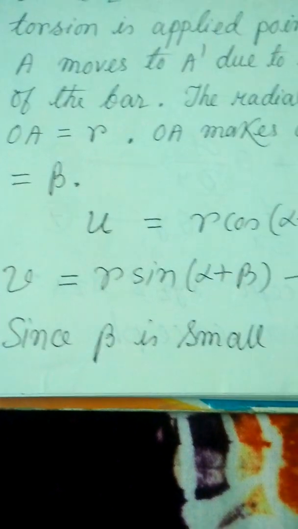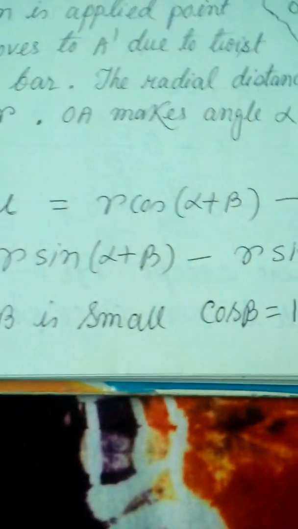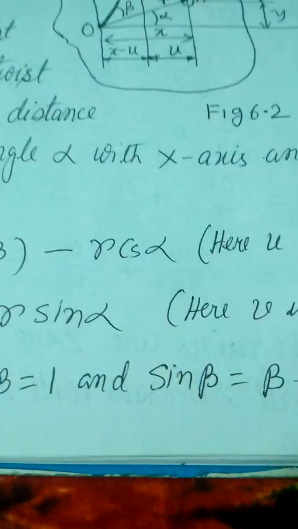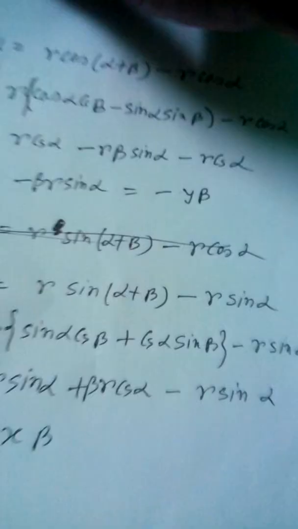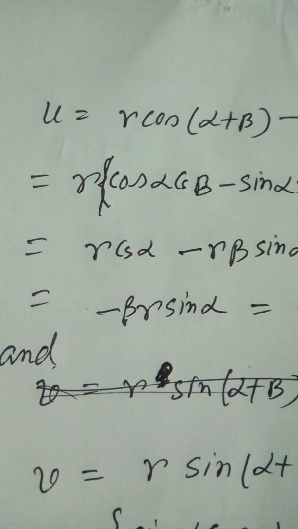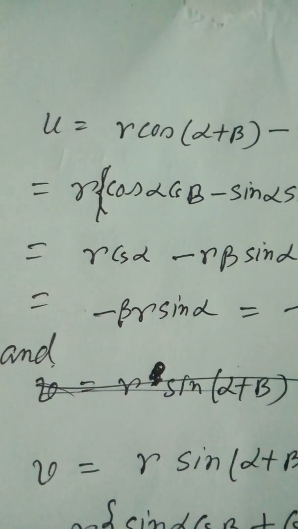Now since beta is small, cos beta is 1 and sin beta is beta. Then just in a trigonometrical expansion, I am doing this one.